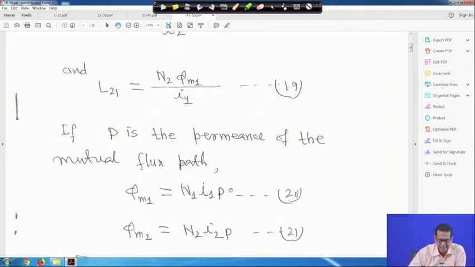That means this equation, just hold on, I will make it for you.